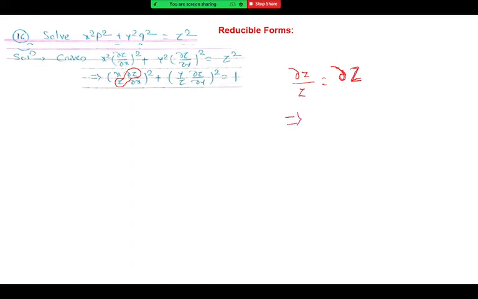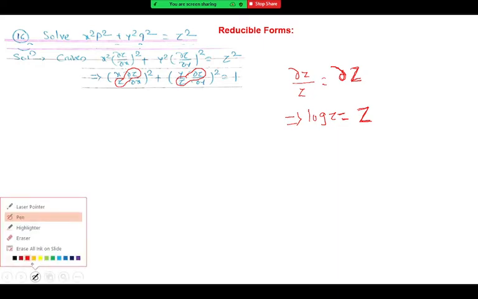If you integrate on both sides, log of small z is equal to capital Z. So indirectly we are replacing log of small z by capital Z. I made the group of this z with dou z, and we are going to replace it by dou capital Z.